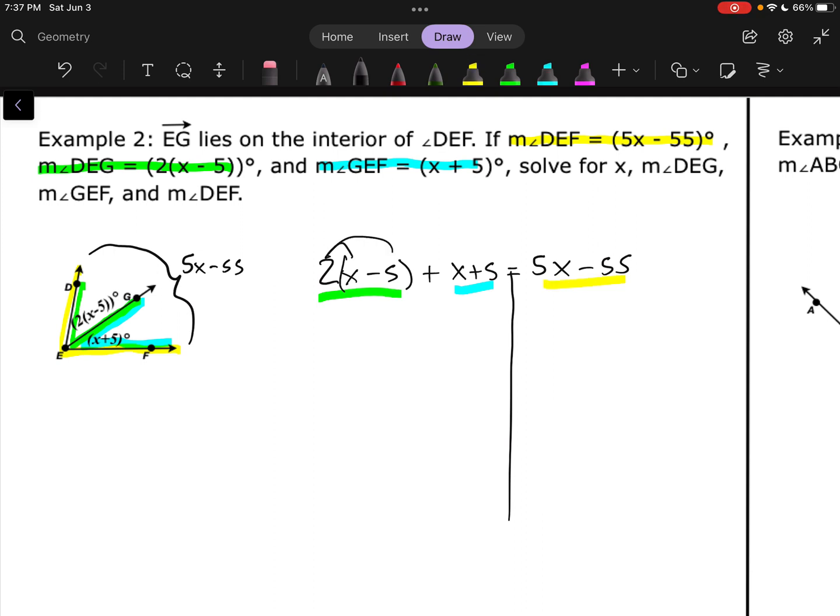Let's go ahead and distribute: 2x minus 10 plus x plus 5 is equal to 5x minus 55. And combine some like terms. 2x and x is 3x. Negative 10 plus 5 is negative 5.